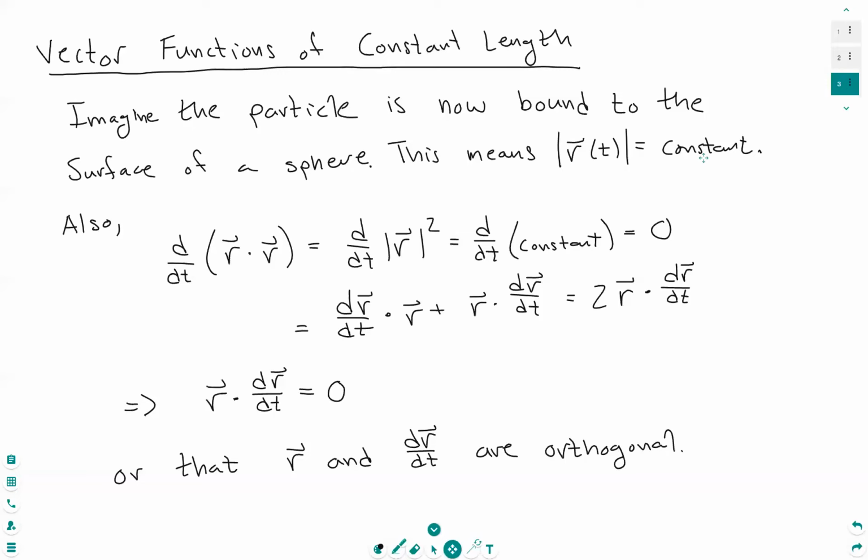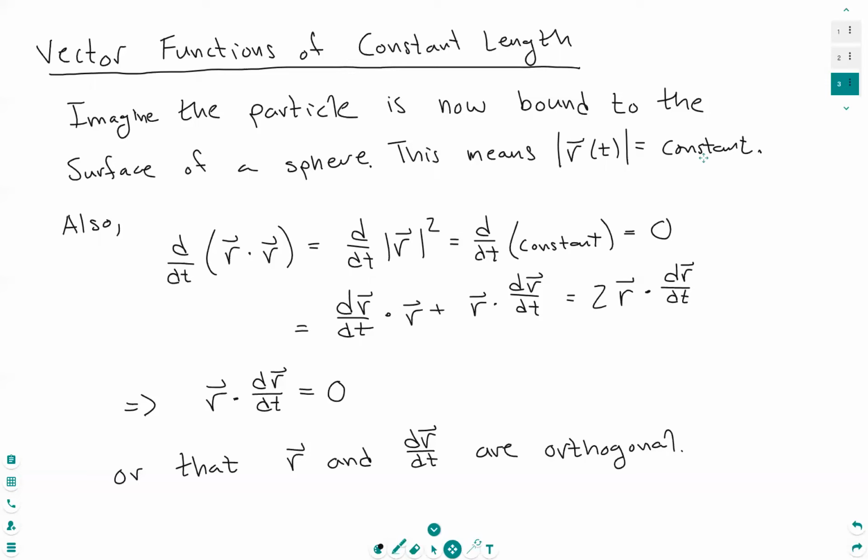And it kind of makes sense if you think about it. If you are this particle restrained to the surface of the sphere, like if the Earth was really, really smooth, the r vector points from the center of the Earth out to us, but we can only move along the surface, which is exactly tangential to the surface that we're moving on.